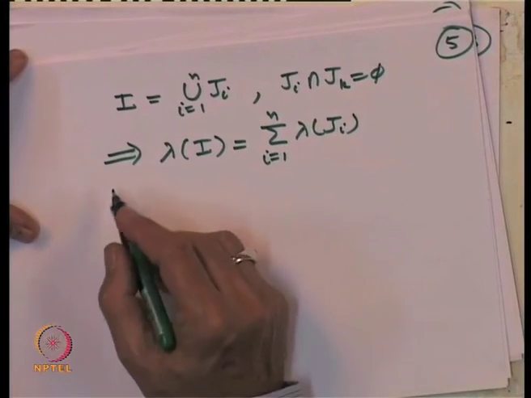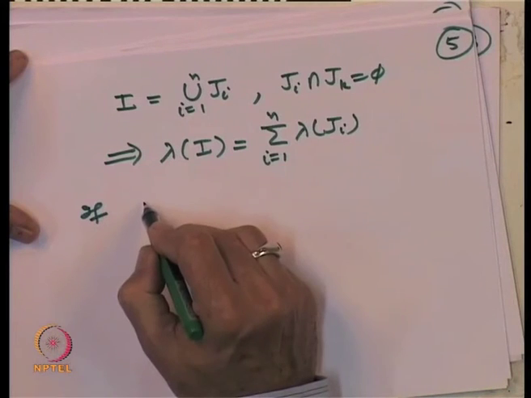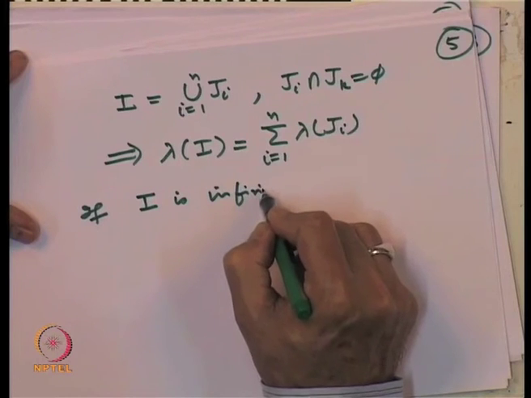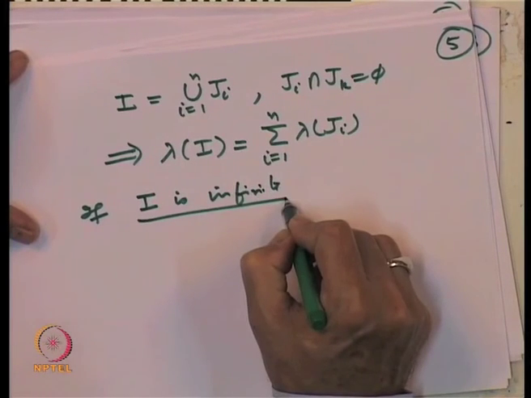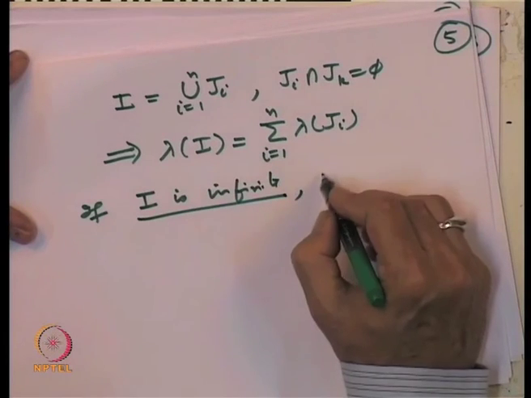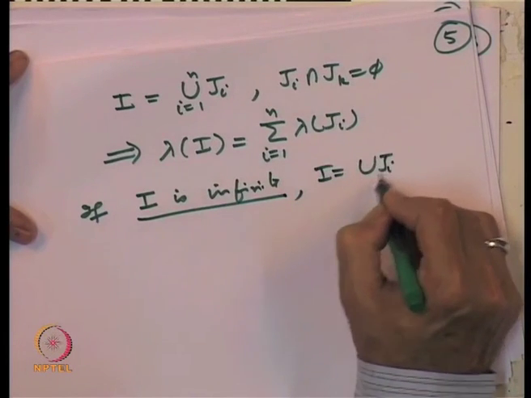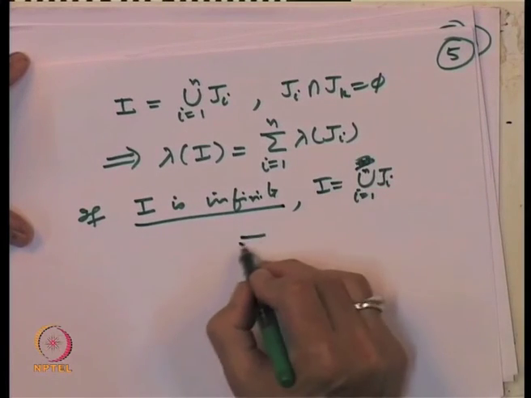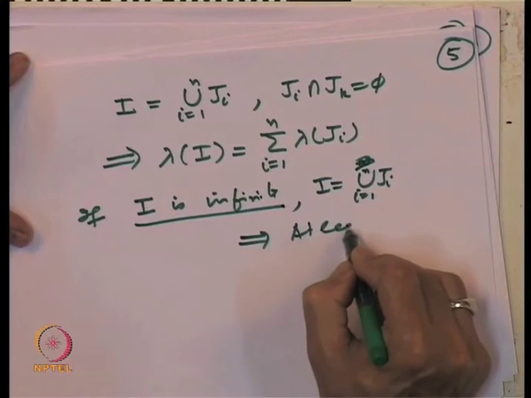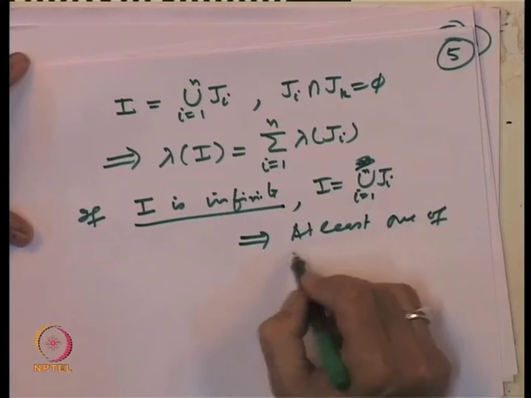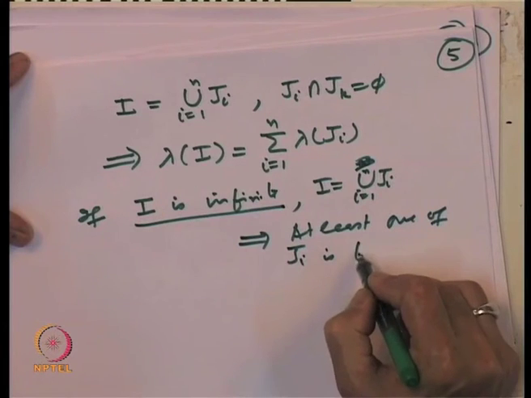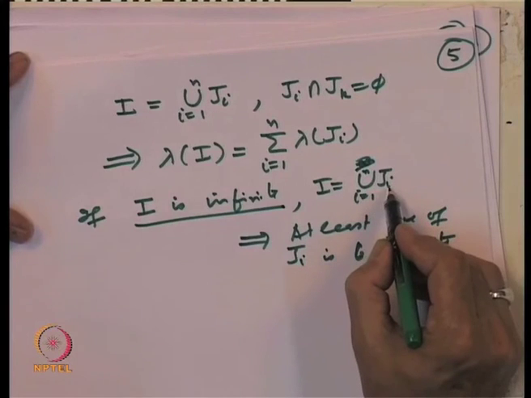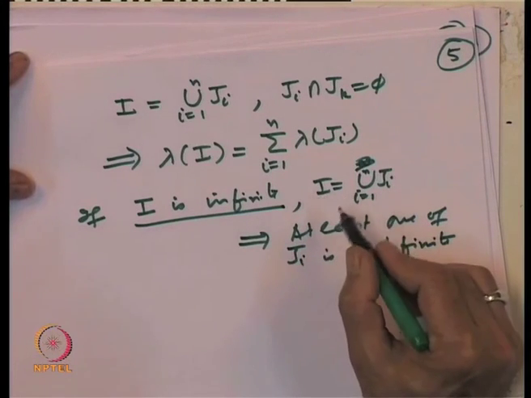So, let us assume I is infinite and I is equal to the union of j_i's, 1 to n. Then that implies at least one of the j_i's is infinite, because if all of them are finite intervals, their union will again be a finite interval.